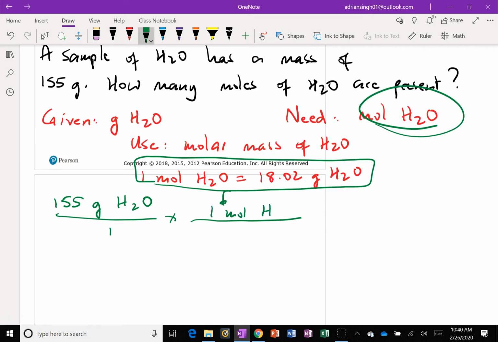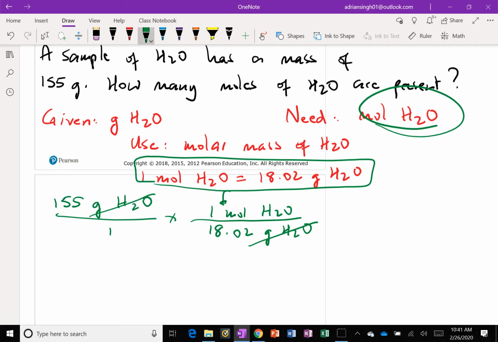So every 1 mole of H2O has a mass of 18.02 grams. So my grams go away. Make sure you keep track of the units. I keep harping on that, and I'll keep doing that because that's your automatic check. That tells you that you set it up correctly, as opposed to just putting numbers in and not really paying attention to the units.